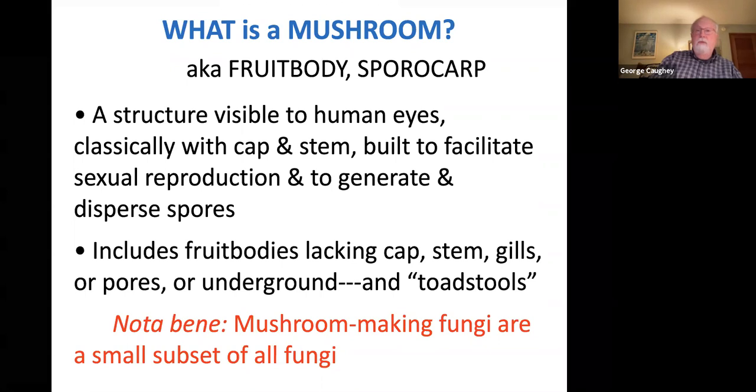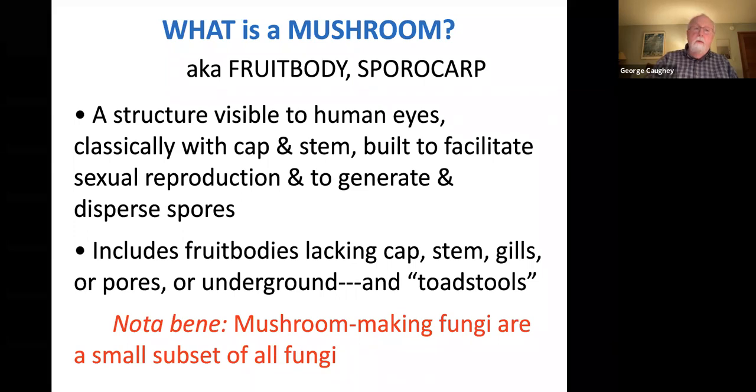And it's a structure built to facilitate sexual reproduction. And fungal sex is very complicated, and it doesn't really compute in human terms. And I'm not really going to get into that. But the structure is built to generate and disperse spores. I mean, that's why mushrooms exist.